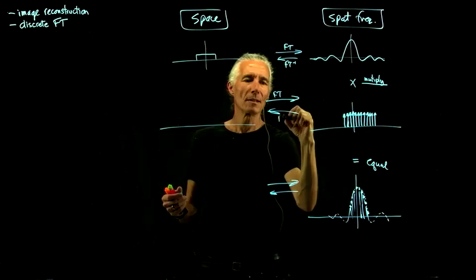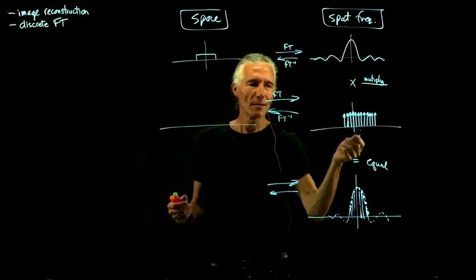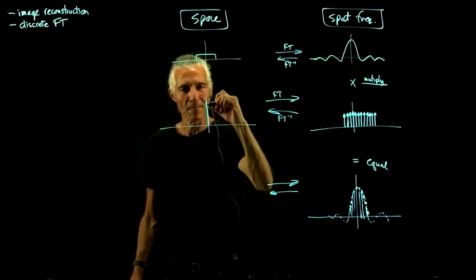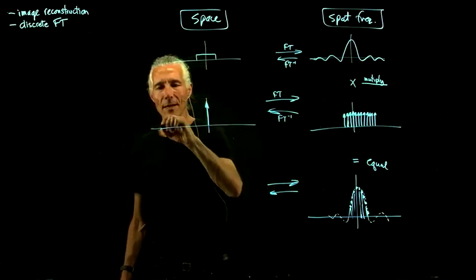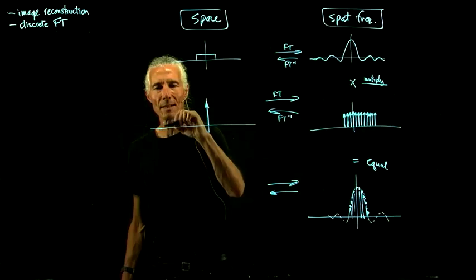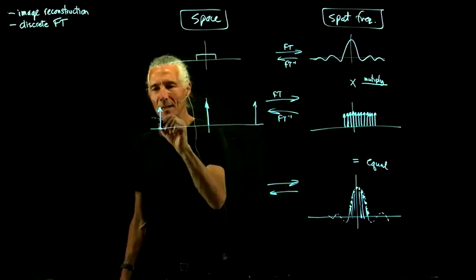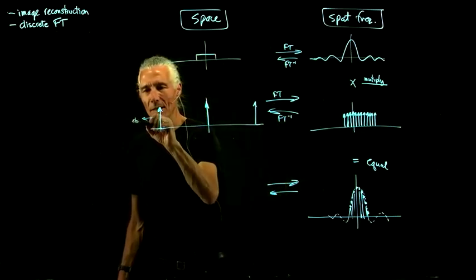If we inverse Fourier transform that thing, we get some spikes again, spaced out like that, and they go on for infinity.